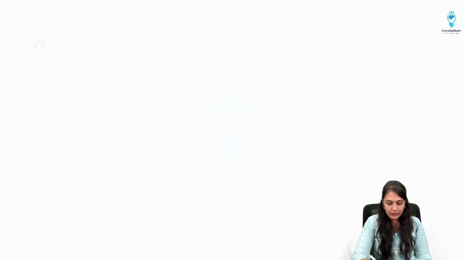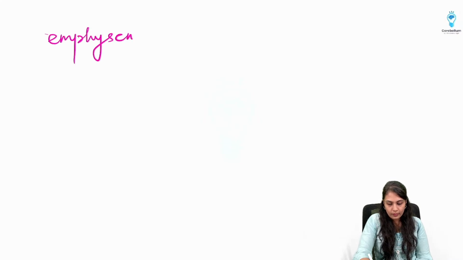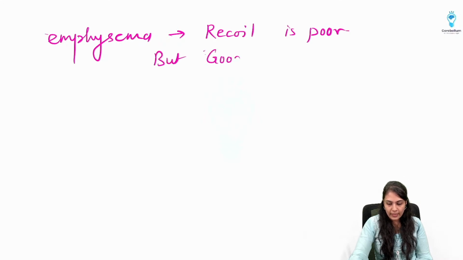So you have to remember that in cases of emphysema, the recoil is poor, and that's why the compliance is good, there is a good compliance. So every time what is going to happen?